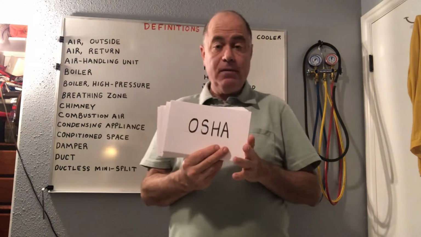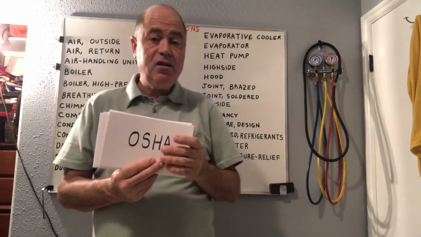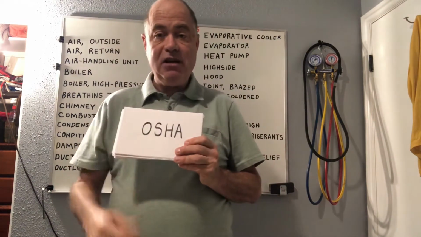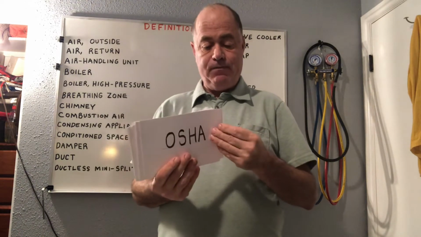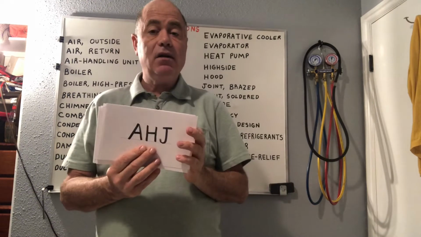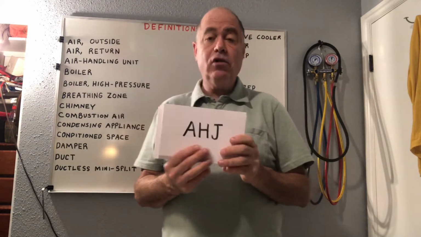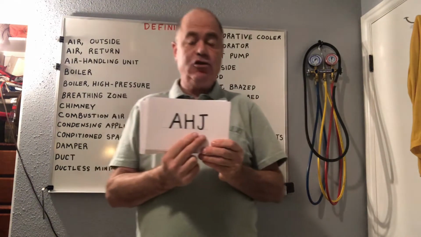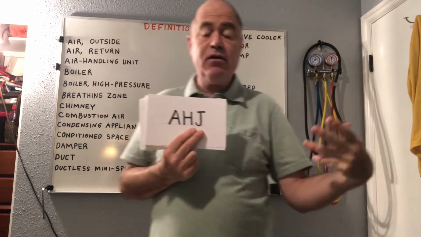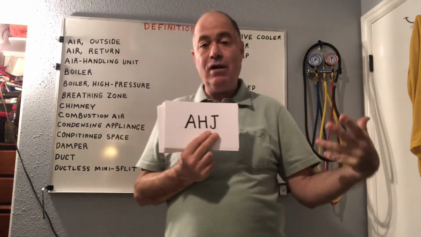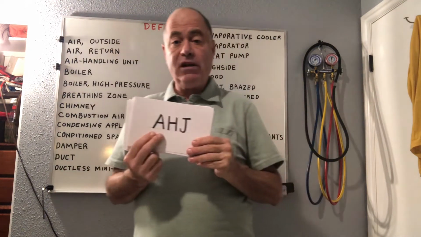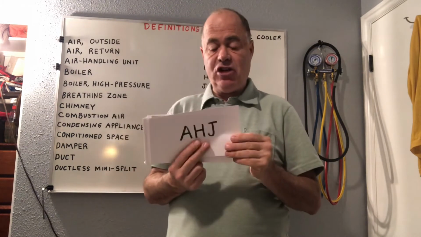This is OSHA. This is the organization that deals with safety, Occupational Safety Health Administration, OSHA. This is another organization or entity, authority having jurisdiction. So if the building inspector comes out and they're there to inspect a building or equipment and enforce the code, that building inspector is the authority having jurisdiction, AHJ.